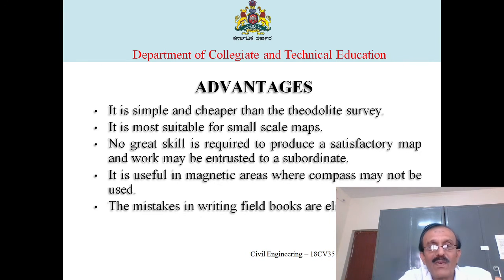It is more suitable for small scale maps. No great skill is required to produce a satisfactory work. Work may be entrusted to the subordinates. It is useful in magnetic areas where compass may not be useful. The mistakes in writing field books are eliminated.